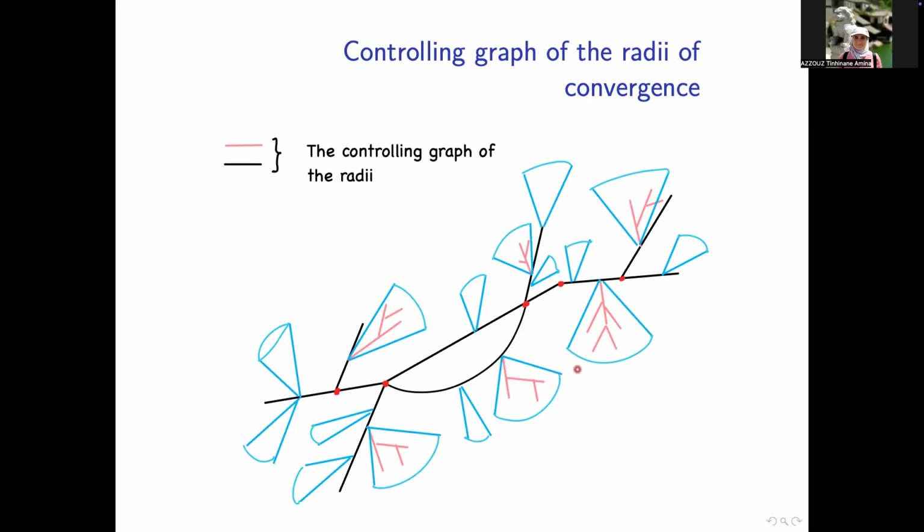this is just a picture about the controlling graph. Just before, I showed you that we can have a graph for which, if I take it off, we have only open disks. Then the controlling graph can be even bigger than this graph. It's just a picture, to say that if I take off this graph, then the remaining will be constant.